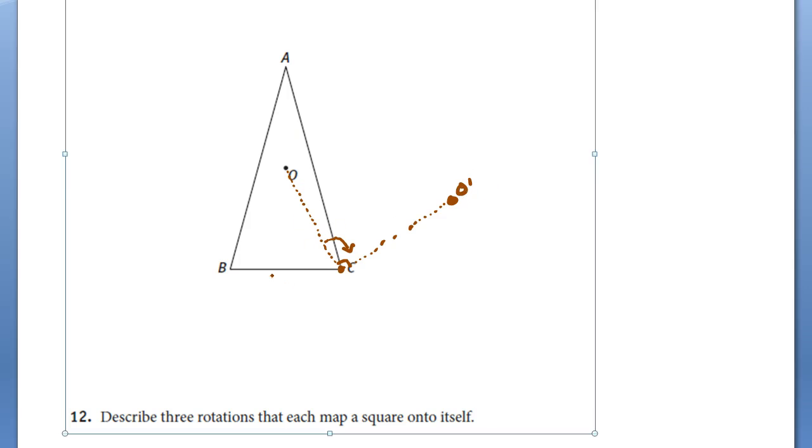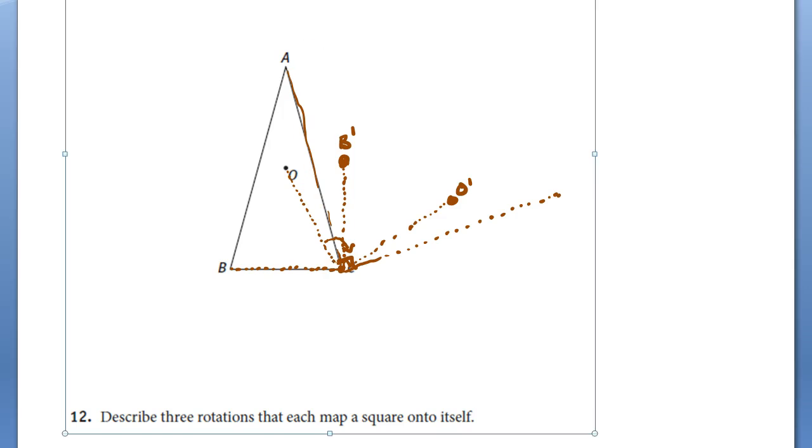Okay, the same thing for every other corner. So from B to C, that's this distance. And then it's going to come up this direction. Right? And there is B prime. C is just going to stay where it is. But let's do A now. So from A to C, and then make a 90-degree angle right there as you come out this direction.